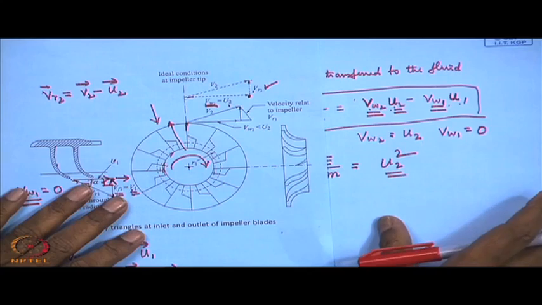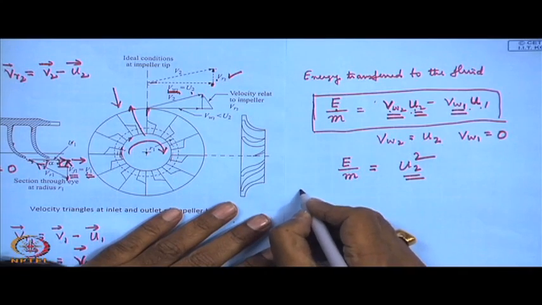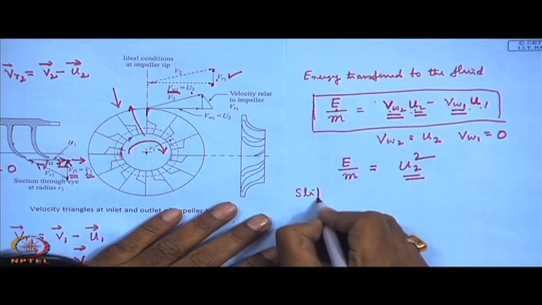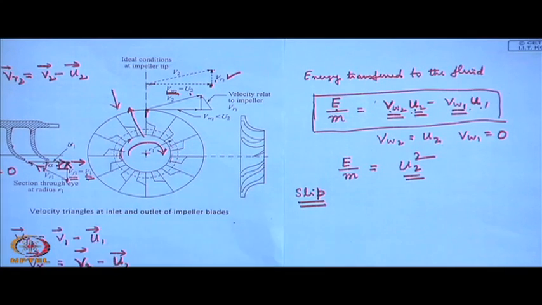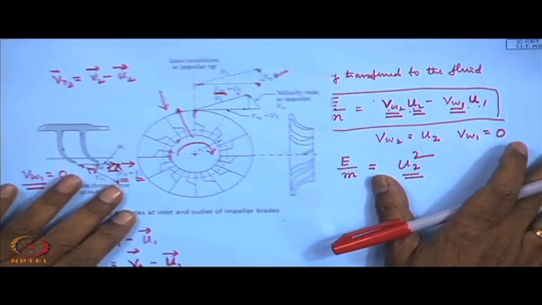I already discussed earlier that there is a phenomenon known as slip, which is very important. Now I tell you what is slip. When a fluid flows through a curved vane and the vane rotates, what happens?